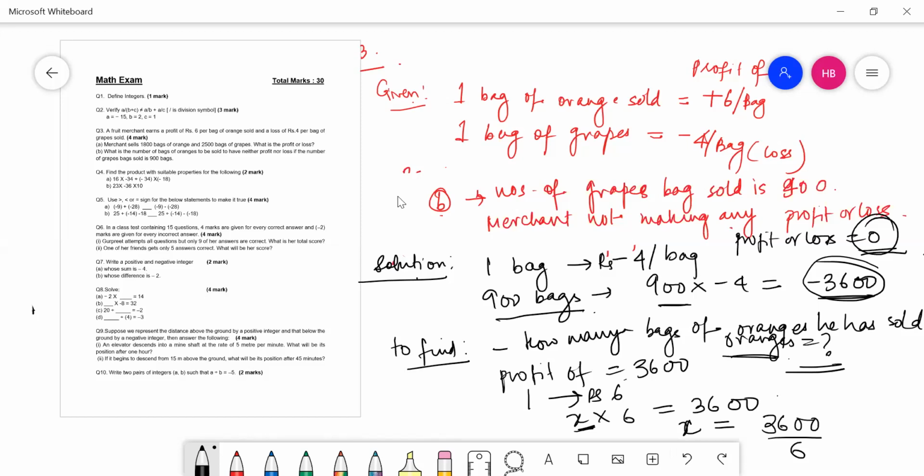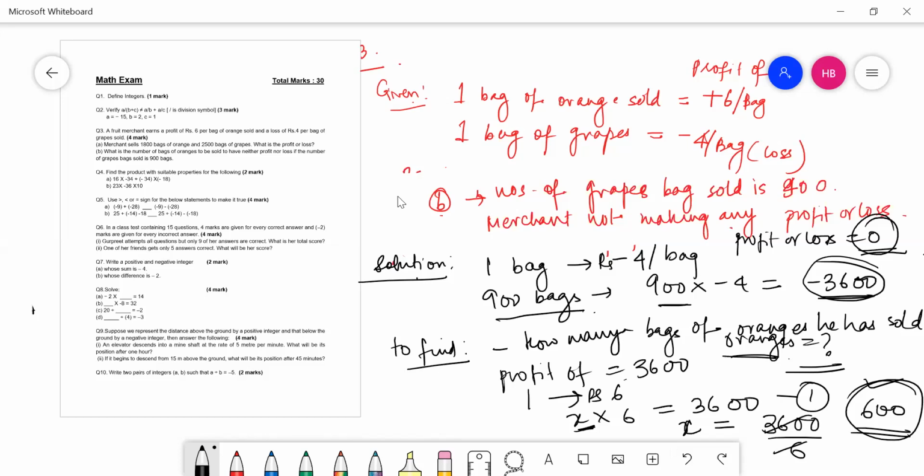If I divide the equation by 6 on both sides, on LHS as well as RHS, I will get x equals 3600 divided by 6. 6 6s are 36. So how many bags? 600 bags. So basically he is selling 600 bags of oranges to get zero profit and zero loss. So the answer for this question is 600.